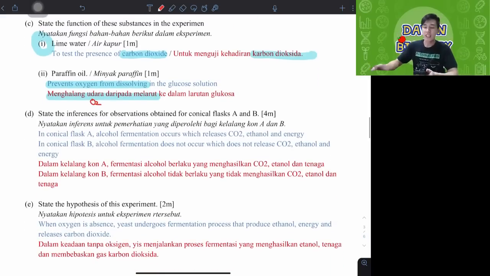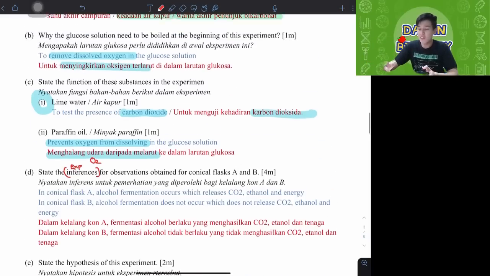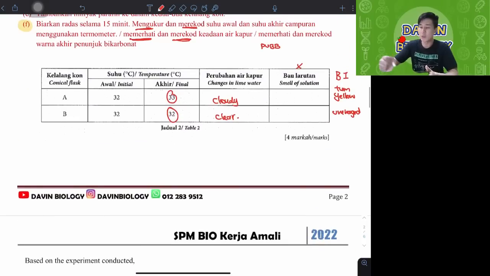Okay, D, inference. If you don't know what inference is, inference is basically explaining your observation. For example, if your observation is lime water, why does this one turn cloudy and this one remain clear? Or if your observation is bicarbonate indicator, why does it turn yellow and this one remain unchanged? Very easy.